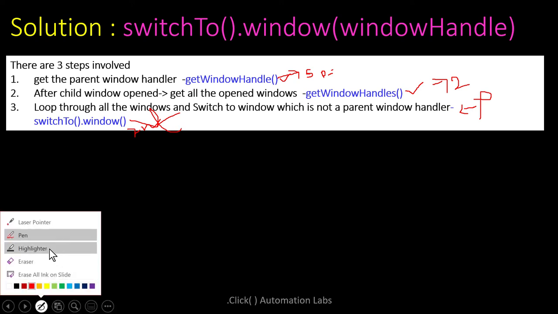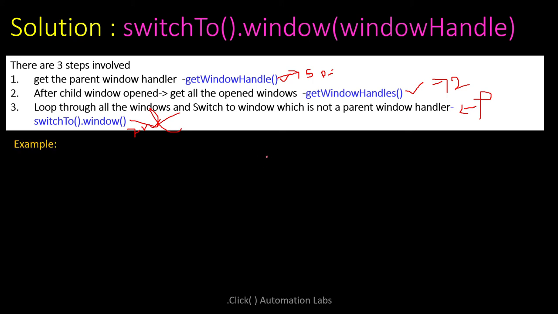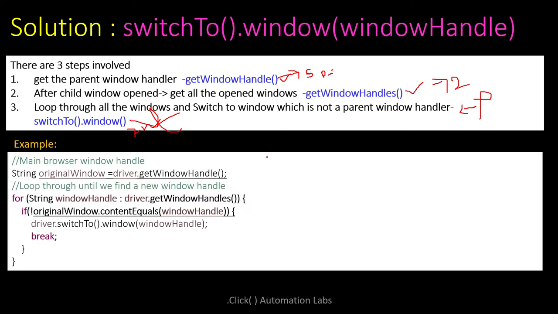So we'll see one example so that you can understand this. Let's move on. This is my example. As I said, there are three steps involved over here. This is the step one. So in step one, what I'm doing, I'm retrieving the window handle and storing it as an original window. Means this is the first time opened window. Okay. And you see the next time I'm looping through until we find a new window handle, right?